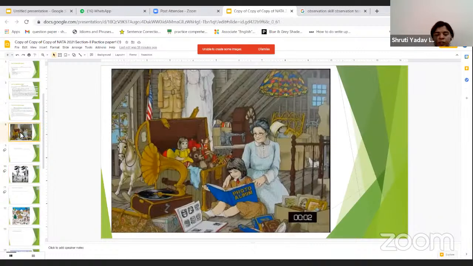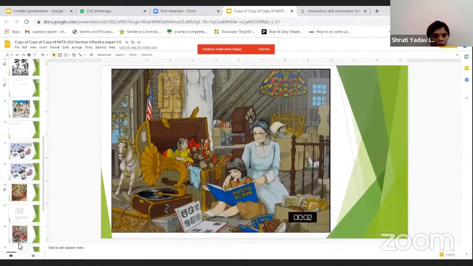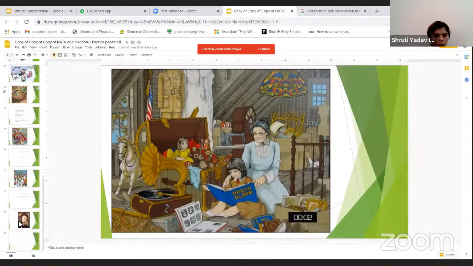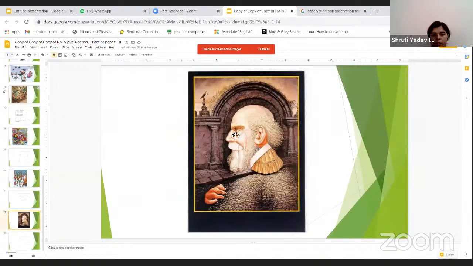If you notice this particular picture, like the image I showed you the other day, the hidden pigeon one, this is the closest one I could find to that. There can be a lot of similar questions.